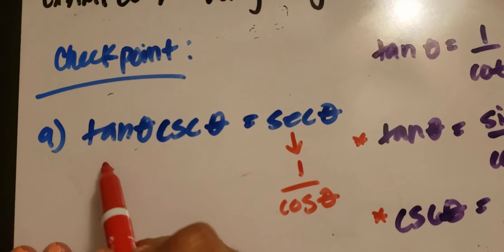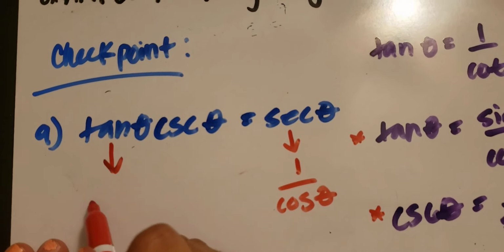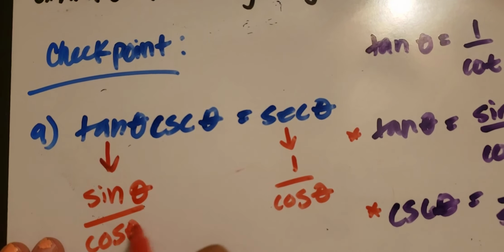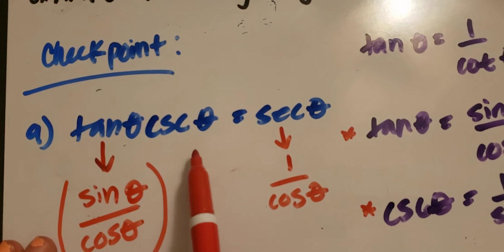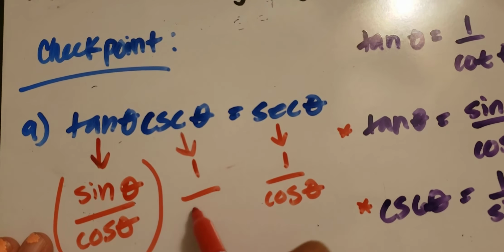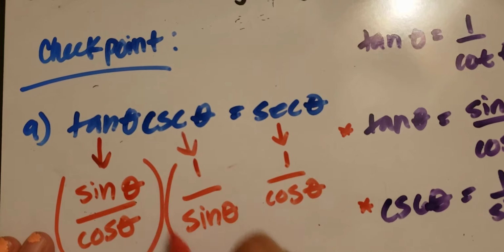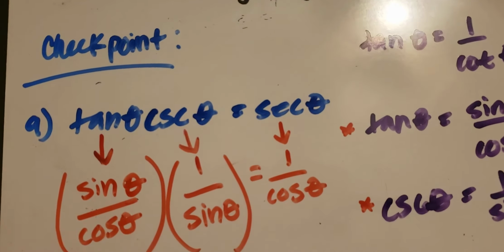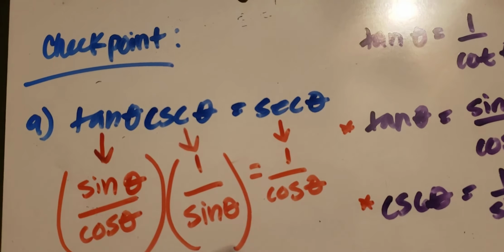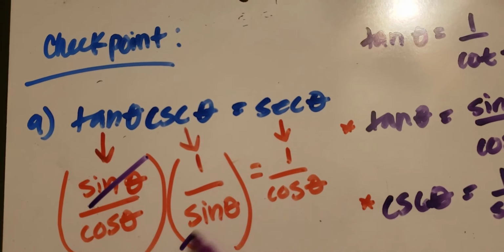Now I'm going to replace tangent of theta with sine of theta over cosine of theta. And then I'm going to replace cosecant theta with 1 over sine theta. Once you look here, you can tell that you should be able to cancel the sines. They'll cancel each other out.